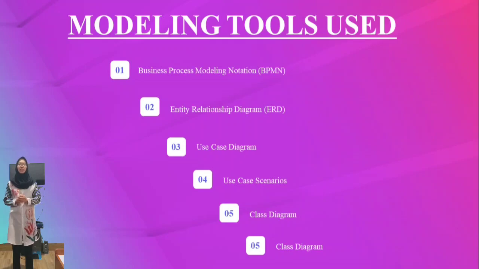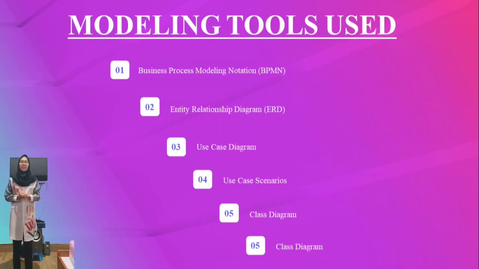Number 3 is Use Case Diagram. Use Case Diagrams are used to describe the various interactions contained in the application and who is involved in these interactions. Number 4 is Use Case Scenario. Scenario diagrams are steps that describe the interaction between a person and the system. Number 5 is Class Diagram.